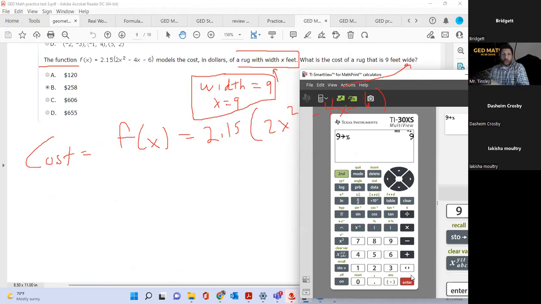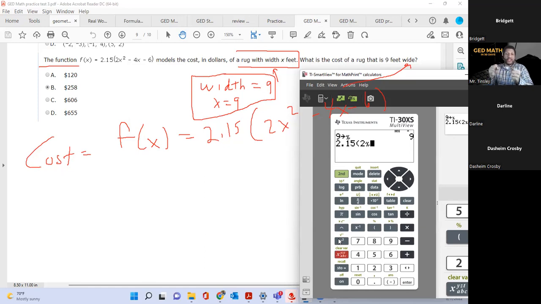Now, what is our function that we want to plug in? What is our expression that we want to plug in? The number 2.15, parentheses, 2 times x squared. Not 2 times 9. Remember, understand what we're doing.